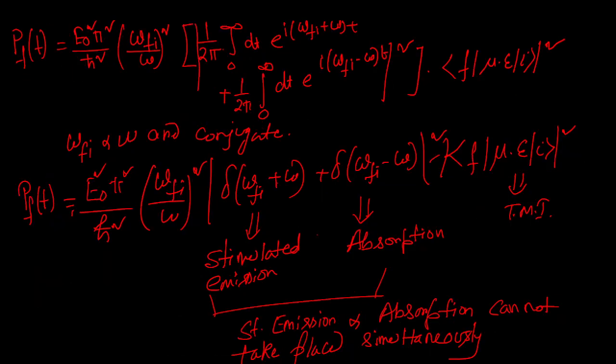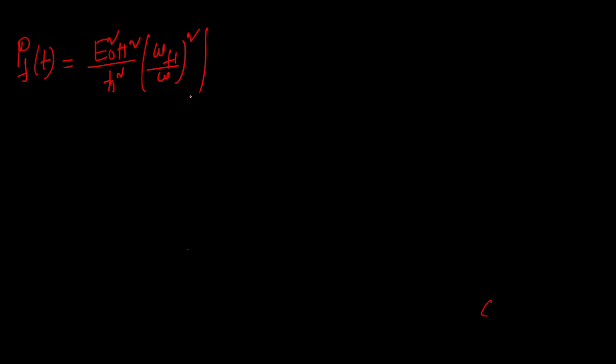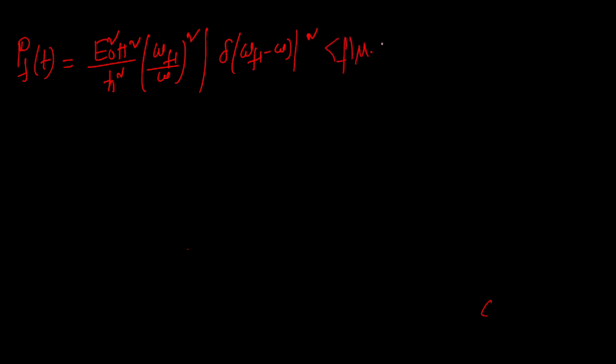So that delta function, if we take it for absorption, is nothing but E0 pi square by h cut square omega square. So this is for absorption.